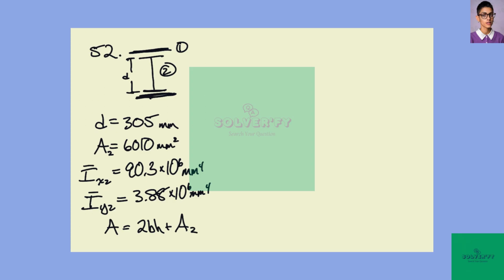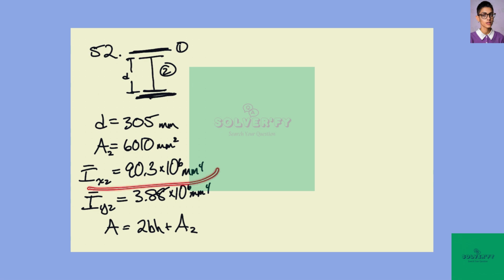So we can look up some values. For the plates, these are just rectangles, so we can calculate those, but for this section here we have to look it up. We get that the distance between its top and its bottom is 305 millimeters, and the area is 6,010 millimeters squared.